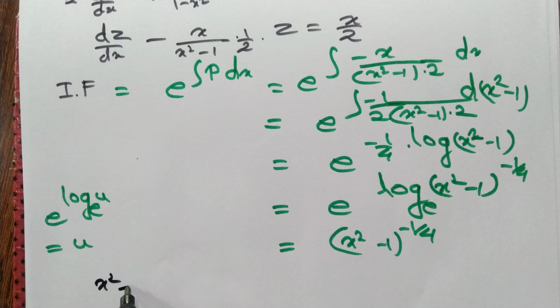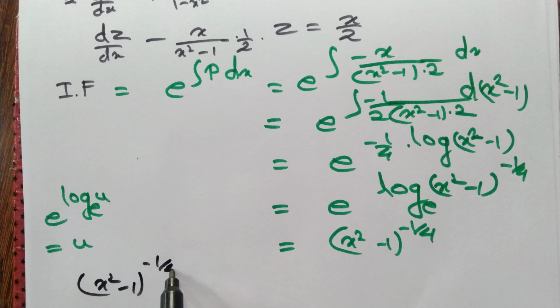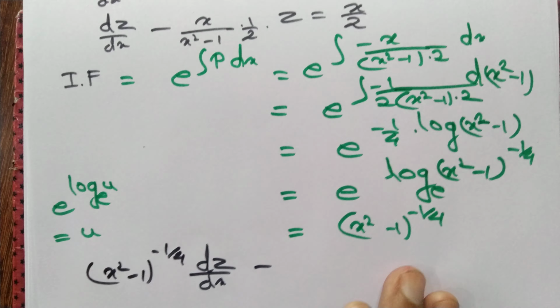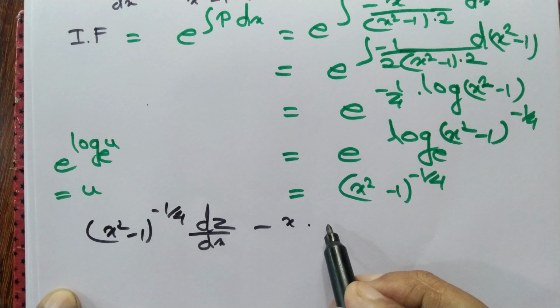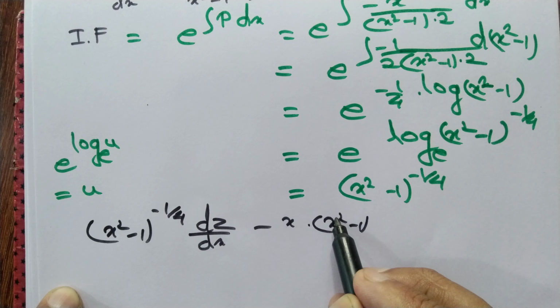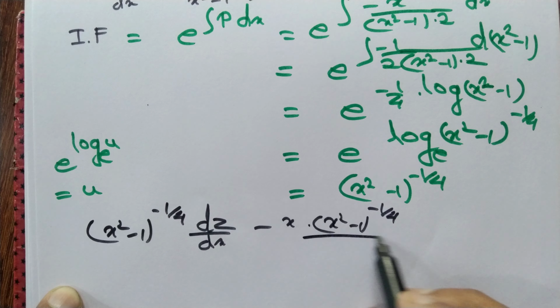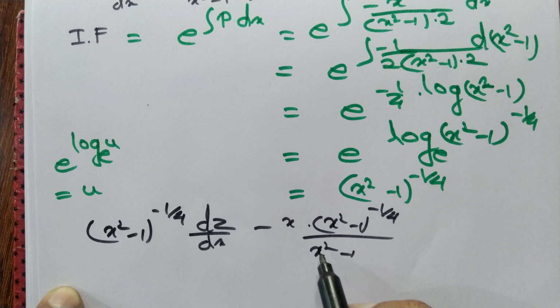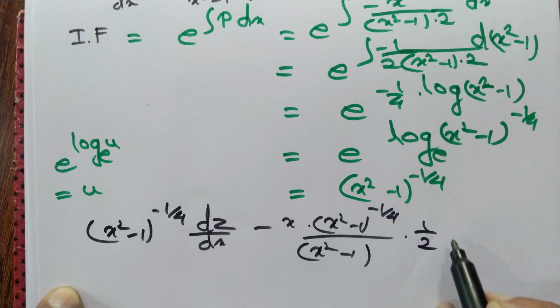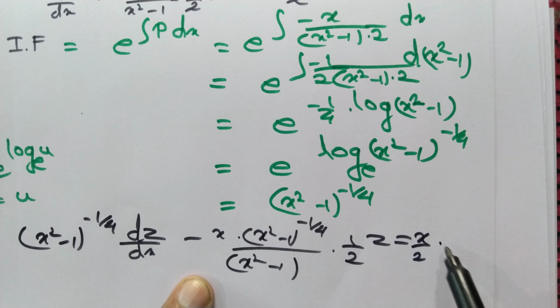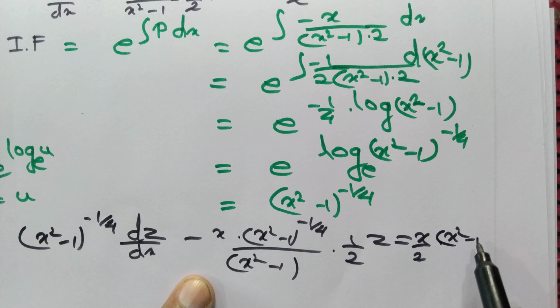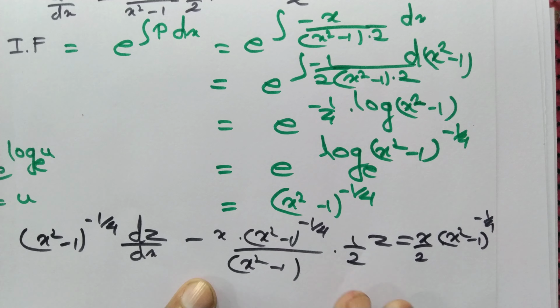So x square minus 1 to the power minus 1/4 dz dx minus x times x square minus 1 to the power minus 1/4 by x square minus 1 times half z equal to x by 2 times x square minus 1 to the power minus 1/4.